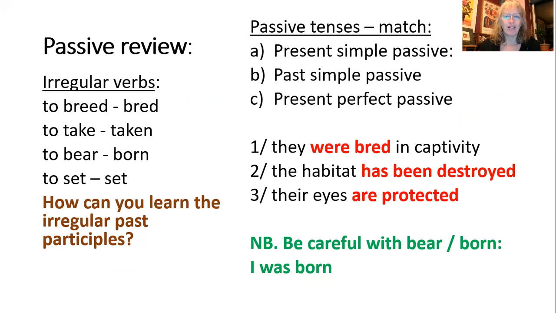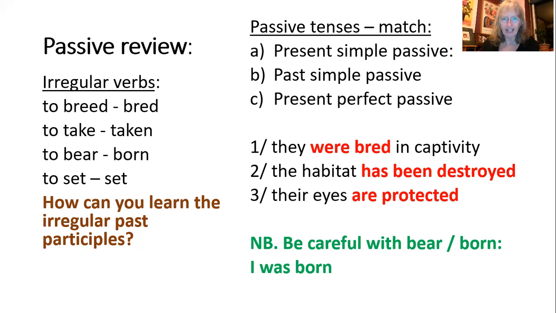Okay, the Brown question, how can you learn the irregular past participles? That's difficult, isn't it? So you have to have a list maybe and test yourself, check regularly and practice and use them. And the green point is important. This is always passive. I was born in English from the verb bear.